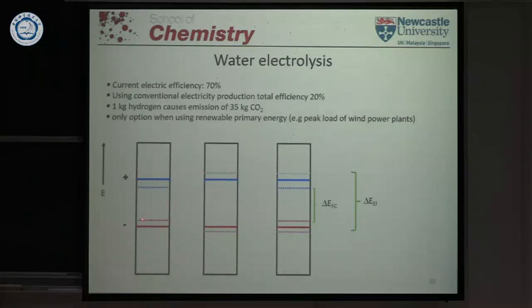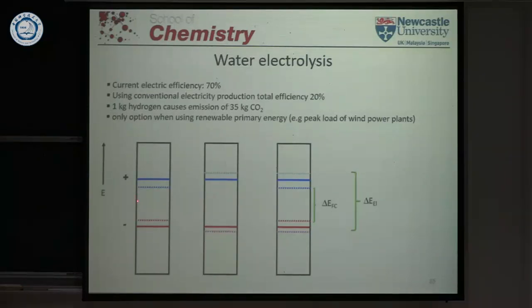These dashed lines are the equilibrium potentials, so that is, as you know, when you look at the equilibrium potential for hydrogen versus oxygen reaction, then this is 1.23 volts. And this is this distance.